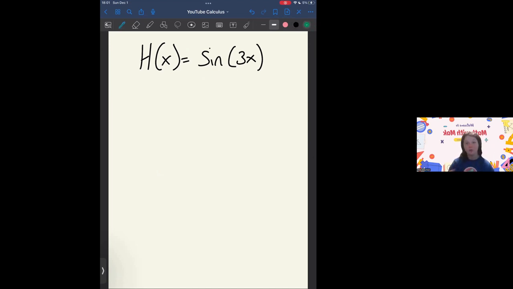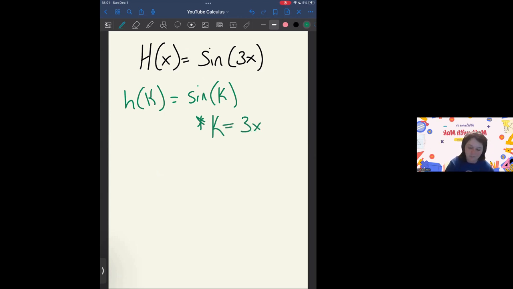But what I can do, and what is the essence of chain rule, is I can say, to make it a little bit easier to read, h of k equals sine of k, if and only if k equals 3x.